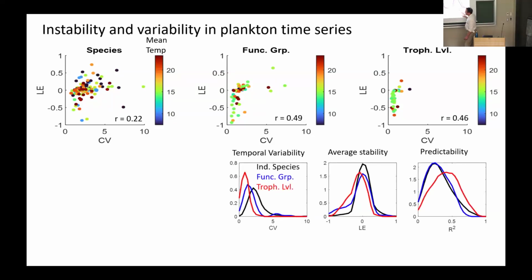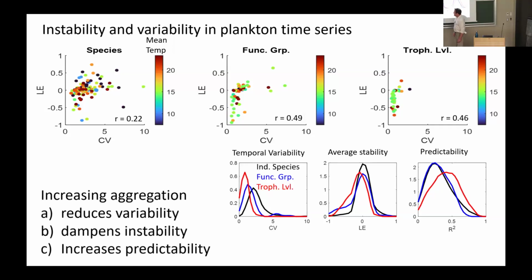Thinking a little bit more about aggregating. These are distributions of CV, Lyapunov exponent, and prediction accuracy. These are the individual species level results, then the blue is aggregated to functional groups, and red is for trophic levels. Across these, we see that aggregating reduces variability. It dampens instability, so the red curve is shifted that way.